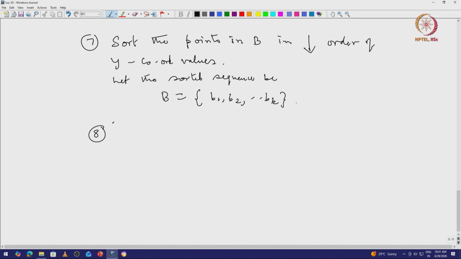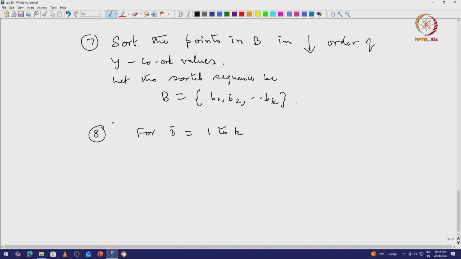compute delta C. This is the following: for i equals 1 to k, there is no problem. Whatever is not defined, ignore that.